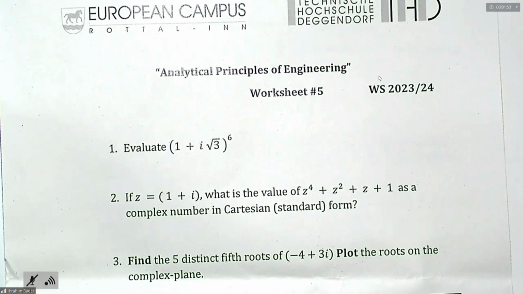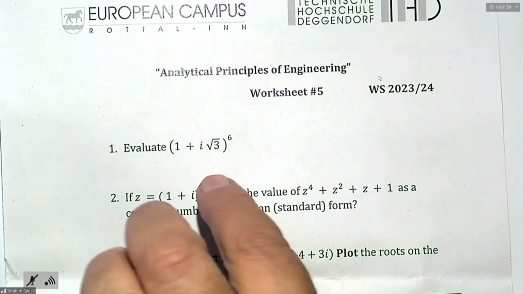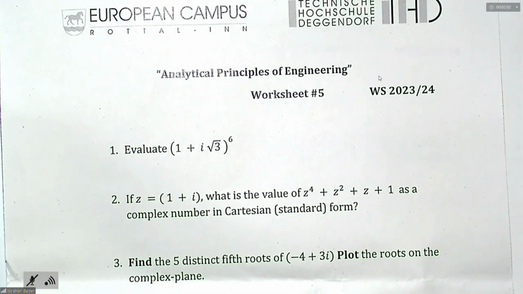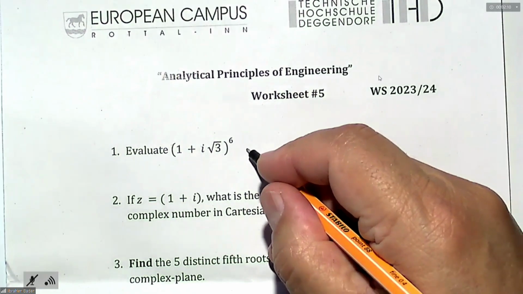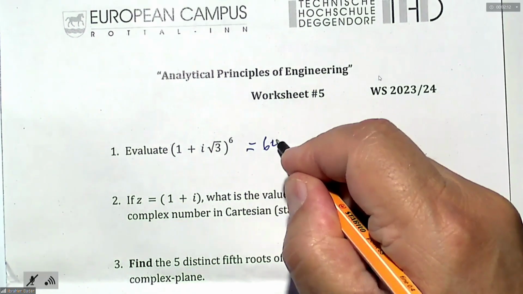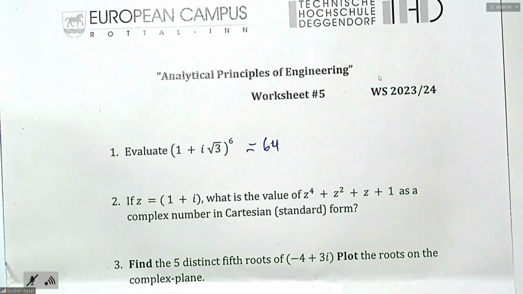I uploaded it already. If you have a look, what was the result for this one? We evaluated it as 64. This was 64. So it's a number purely real.